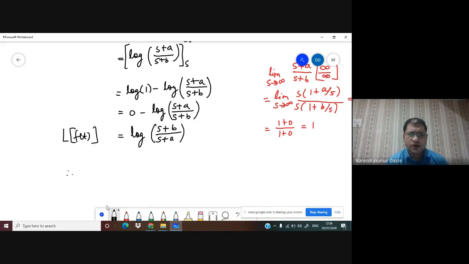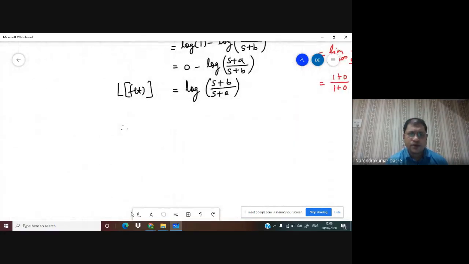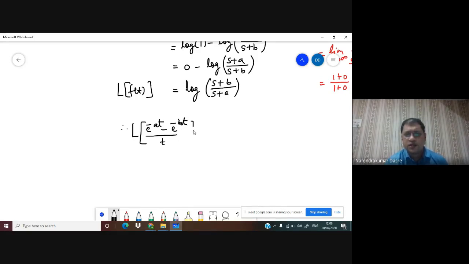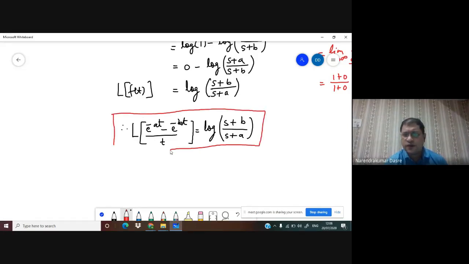So what you got here is that the Laplace transform of (e raised to minus at minus e raised to minus bt) upon t is equal to log of (s + b) upon (s + a). So this is how we are able to find the Laplace transform.